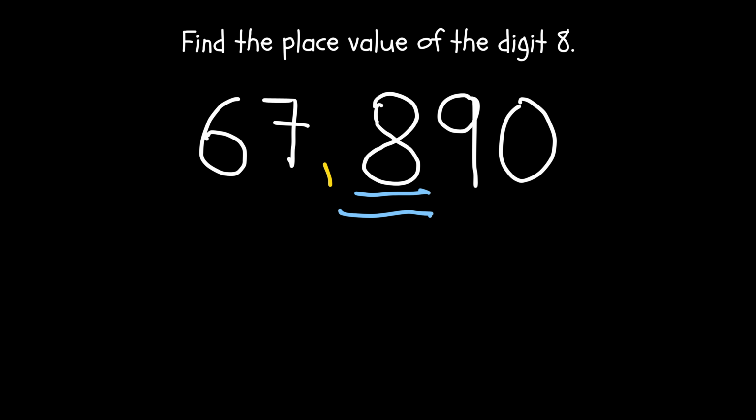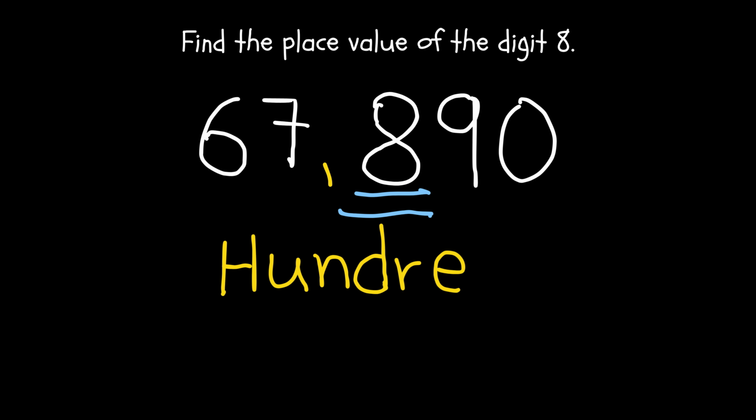Now, the next whole number is 6,7,8,9,0. We start from ones, tens, hundreds. So the place value of the digit 8 is under the hundreds place value.